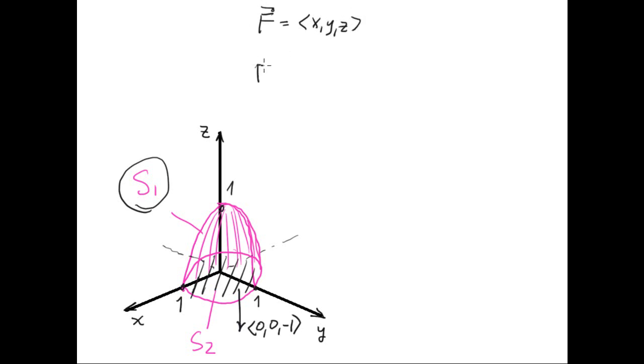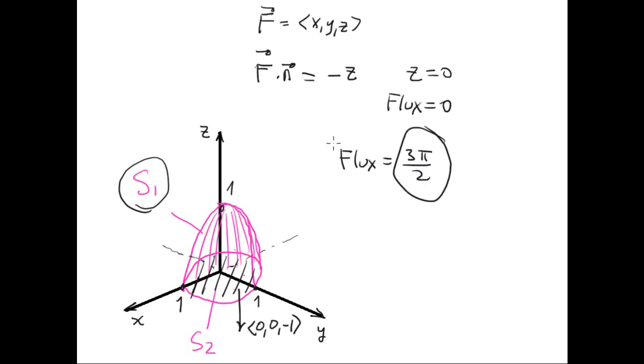When you perform the dot product of the vector field and the normal vector, the answer is just negative z, no? But by curiosity, in this surface any point has z equal to 0. Therefore, the flux is 0. But the final answer, the total net flux, is 3 pi over 2. Final answer.